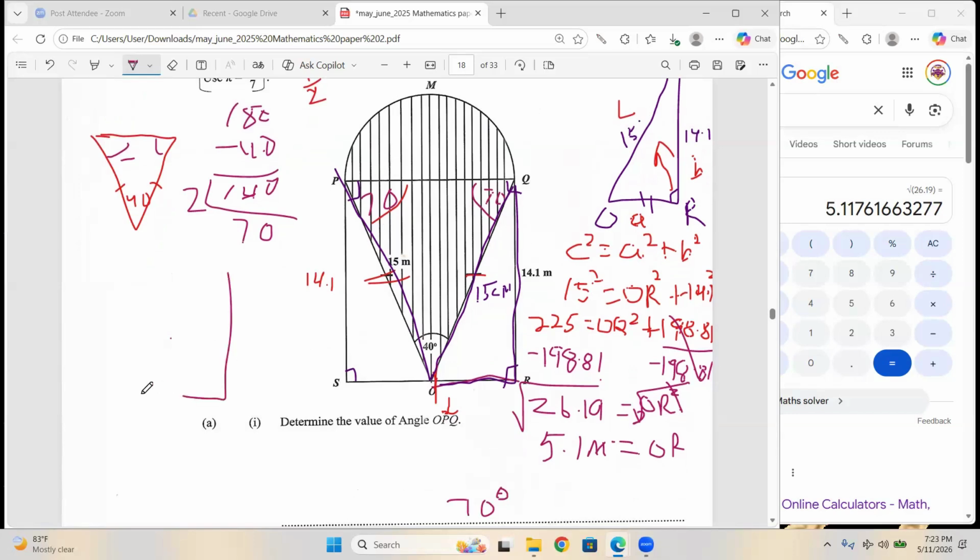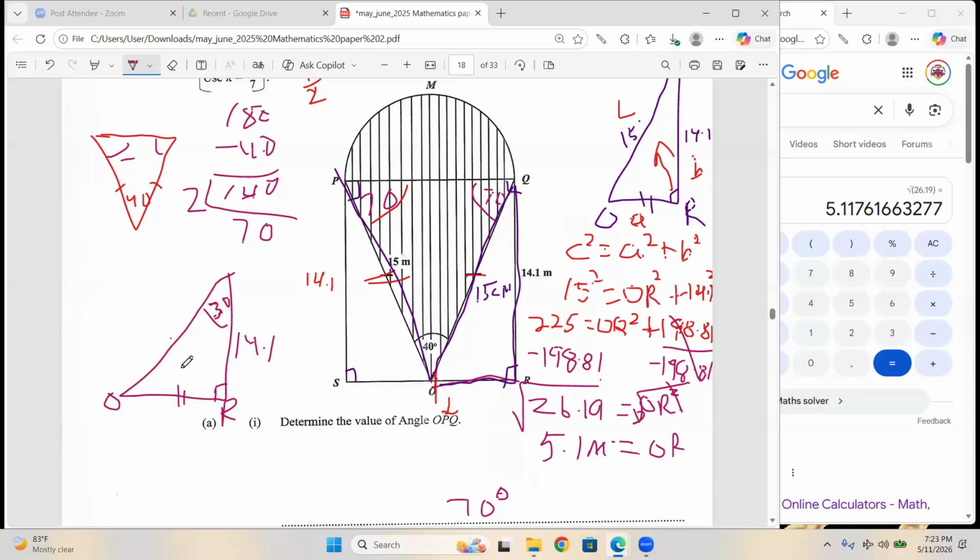But in order to use SOHCAHTOA, the triangle has to be 90 degrees, just like how we have the 14.1. And seeing that we needed to find OR, I needed to know one other angle in the triangle other than the 90 degrees. So if I knew this angle, let's say this angle is 30 degrees or something, I could use SOHCAHTOA, but then I have to decide which SOHCAHTOA.